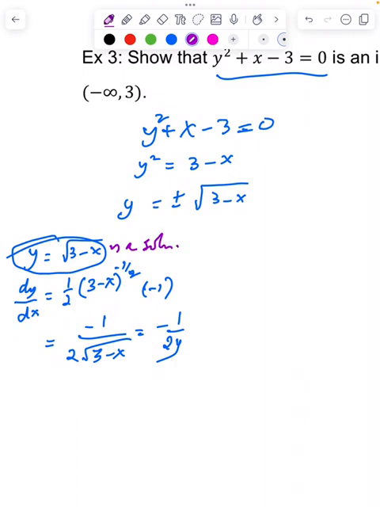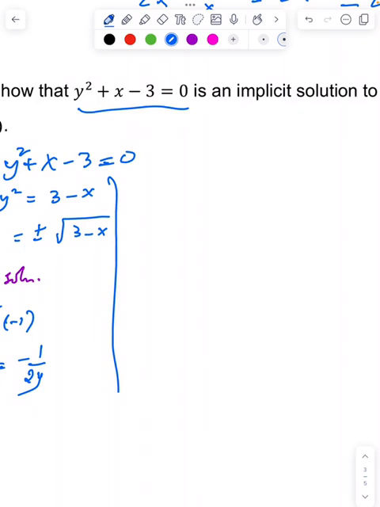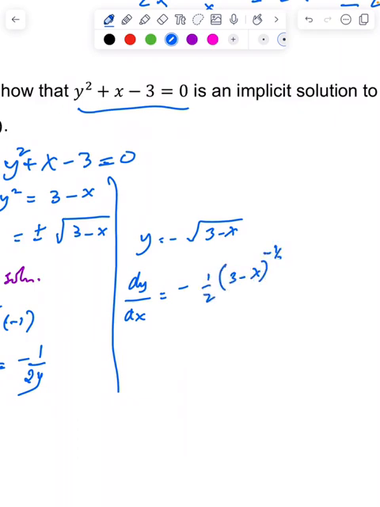Okay. Now check the other part, negative square root of 3 minus x. Doing the same thing, dy by dx is negative 1/2 times 3 minus x to the negative 1/2 times negative 1. Now I will not multiply the two negatives here, because I know that one negative I need here and one negative I need for the differential equation.